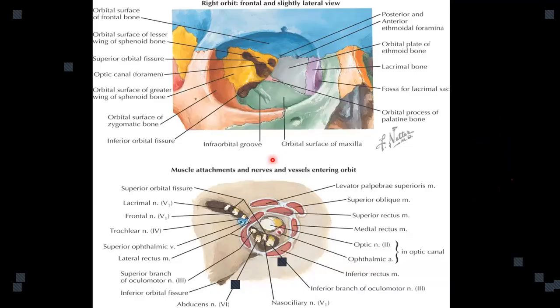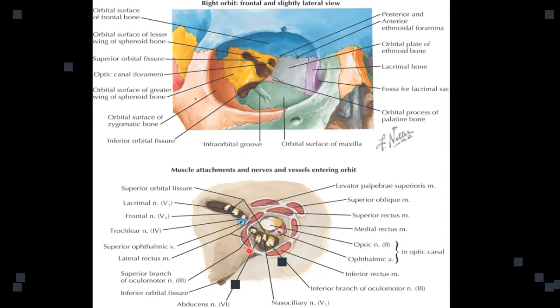Okay, so these are the contents which were passing into the orbit through the optic canal and the superior orbital fissure. Now, those structures which pass through the optic canal are the optic nerve and the ophthalmic artery. Okay, now these two pass through this ring known as the common tendinous ring.